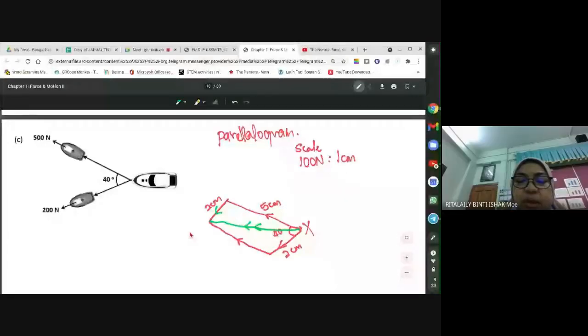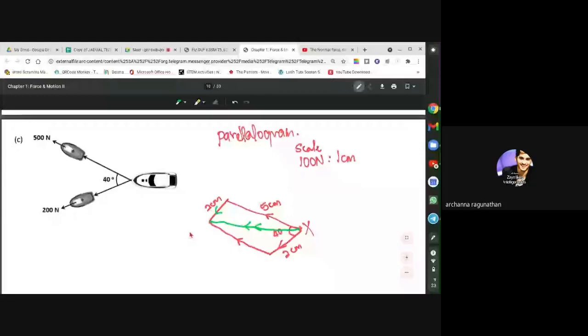Okay, so how do we find the value of the resultant force? Pythagoras theorem, we take out one triangle, and then the angle where the 2 cm and the 5 cm line is subtended is 90 degrees, and the other side is 20 degrees.